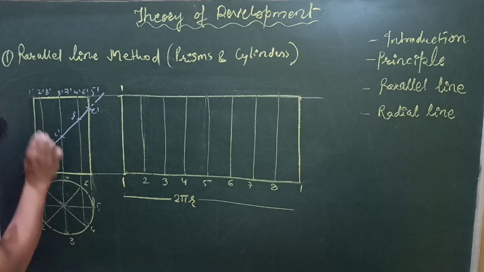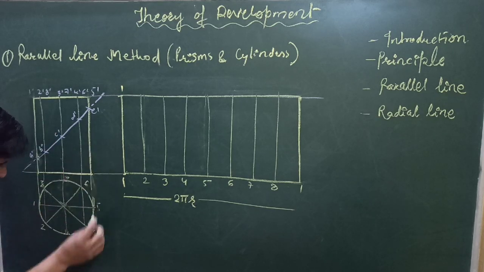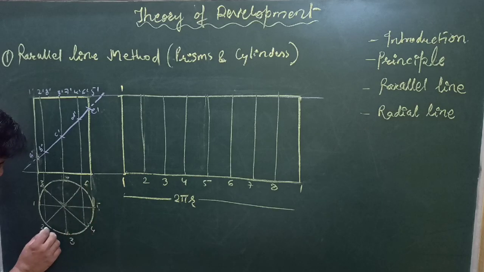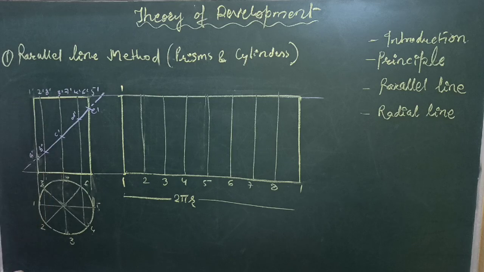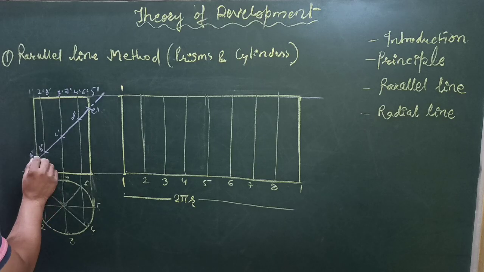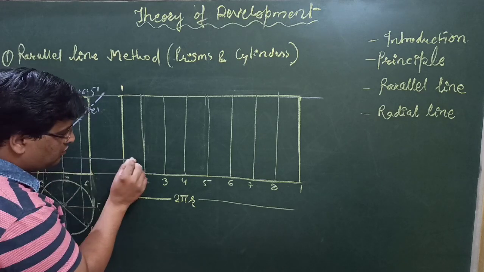So 1 to 1, 5 to 5, then this is 2 to 8, 3, 7 and so on. So these are the lines which are being cut. So again you have to do as we have done in the prisms, drop these points parallelly on the respective lines.